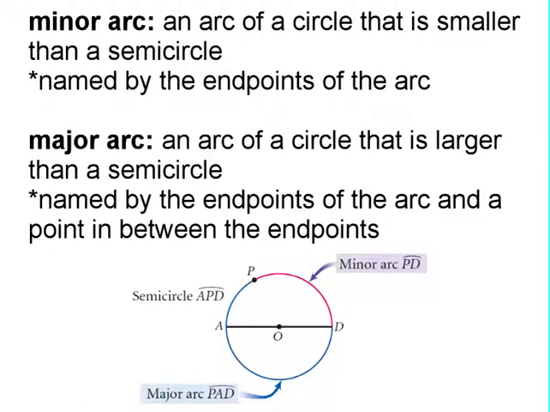All right, so let's look at the next one. A minor arc and a major arc. Now this is something that can get a little bit confusing, so it's important you pay attention. A minor arc is an arc of a circle that is smaller than a semicircle. You name it by the endpoints of the arc. So this one will have 2 points.